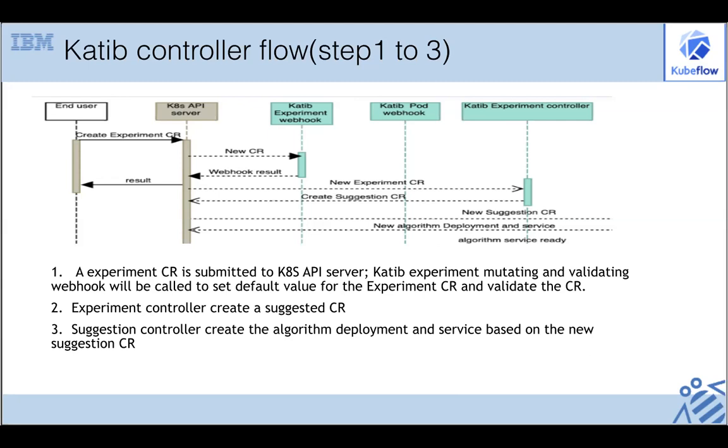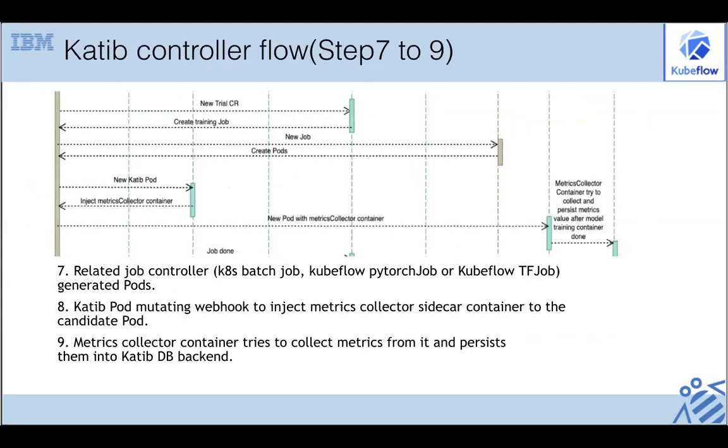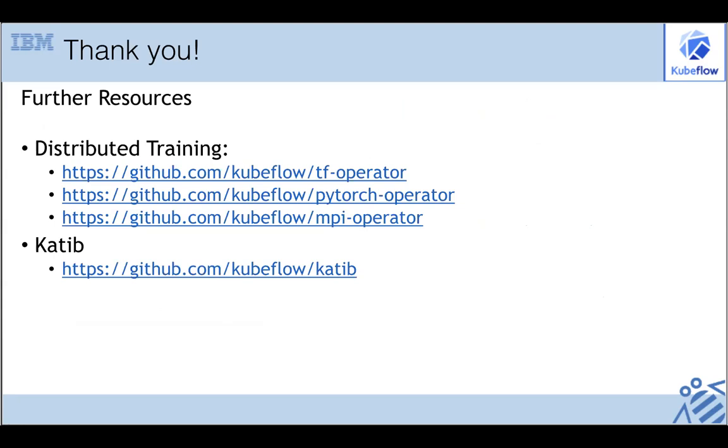There are a total of 11 steps, and it will iterate between those steps until it finds the best hyperparameters for the models. When it ends, it will record the best set of hyperparameters in the status.currentOptimalTrial field. So now I end my presentation, and my colleague Tommy will show you more complex machine learning examples using KDIP.